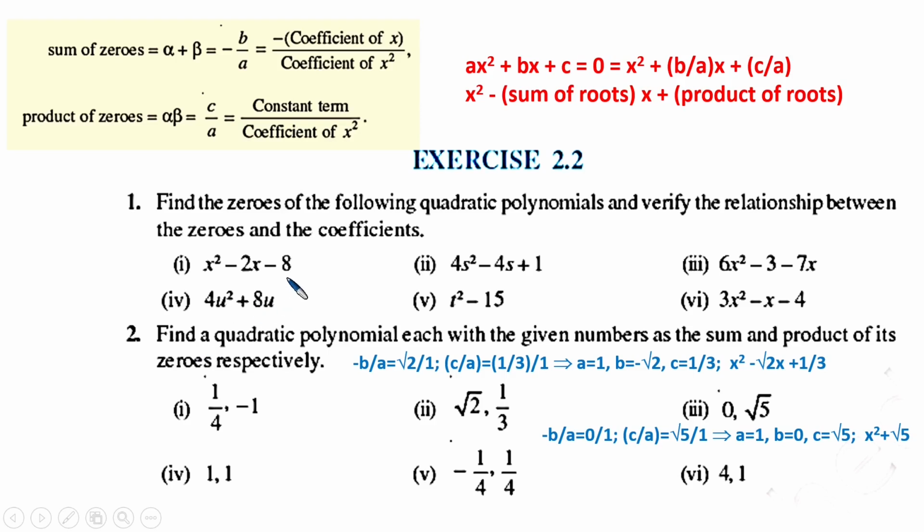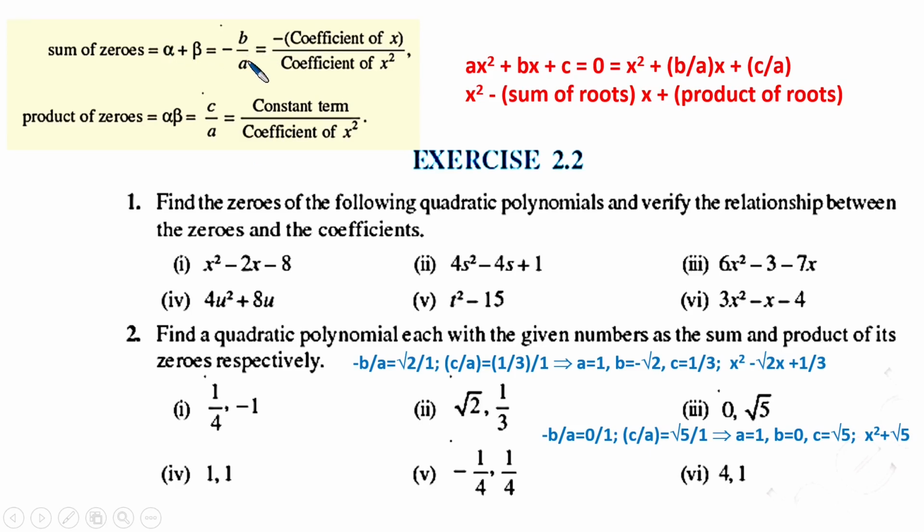And I will give some slightly difficult ones. Find a quadratic polynomial each with the given numbers as the sum and the product of its zeros. So you find the quadratic polynomial; if sum and product are given, this is your sum and product respectively. Here I have randomly chosen this example. Say the sum is square root 2, so that is minus b by a.